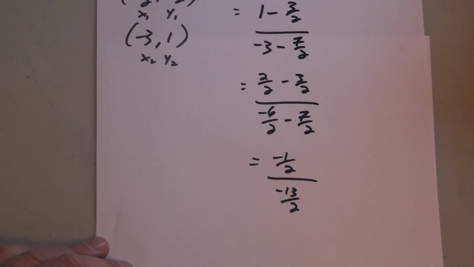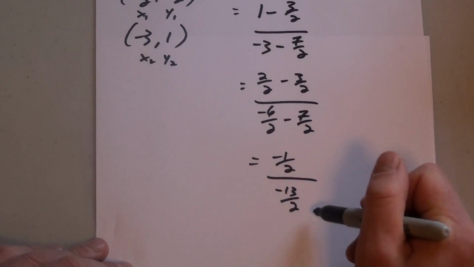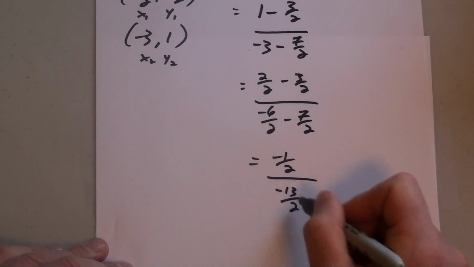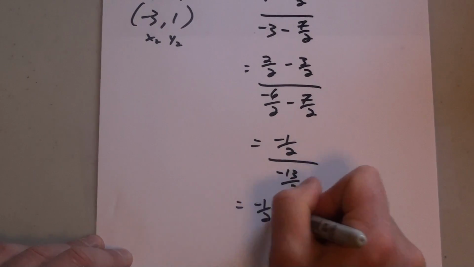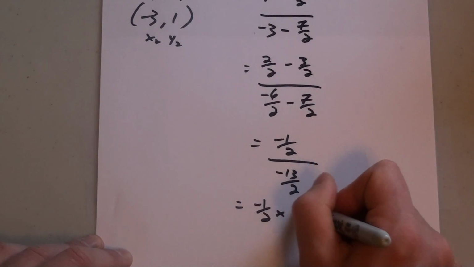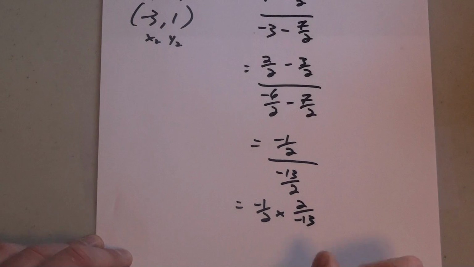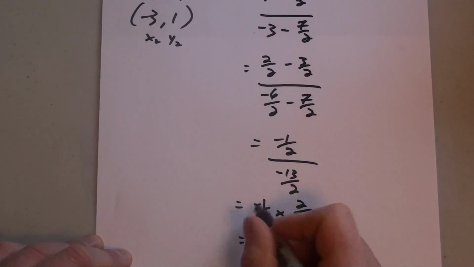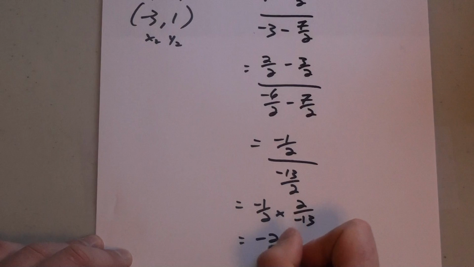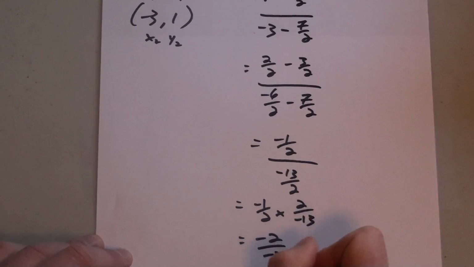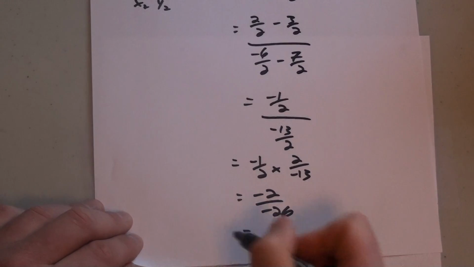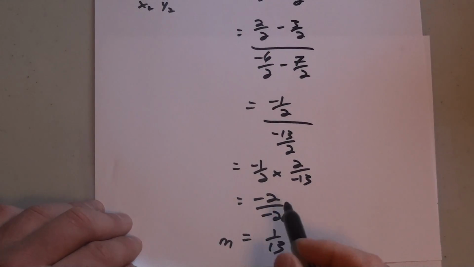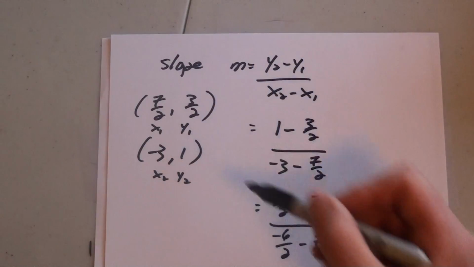A fraction divided by a fraction means I flip the bottom and multiply. So negative 1/2 times 2 over negative 13 gives negative 2 over negative 26, which reduces to 1 over 13. That is my slope from the midpoint to the vertex C.